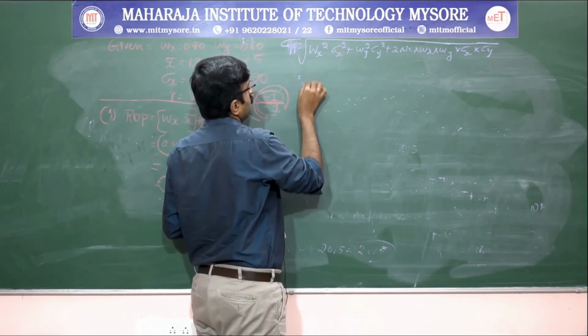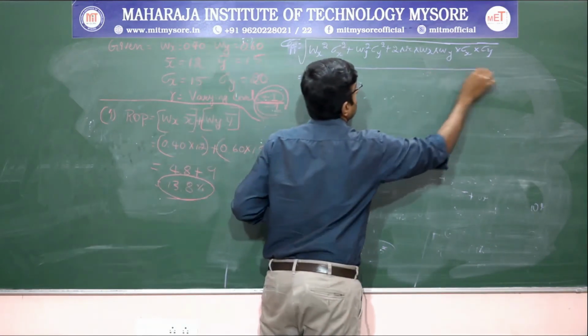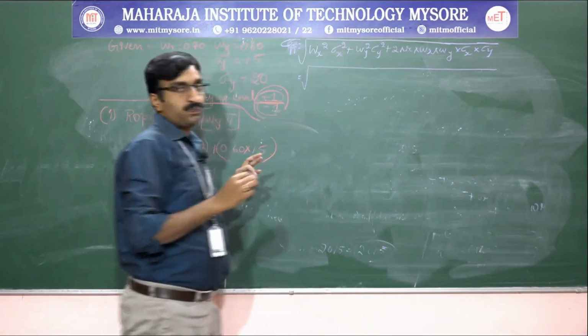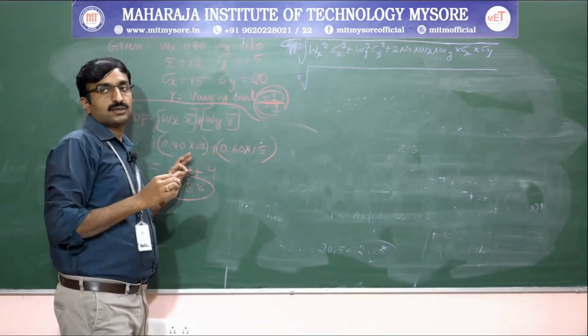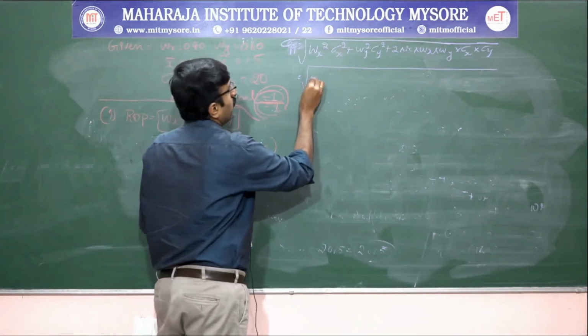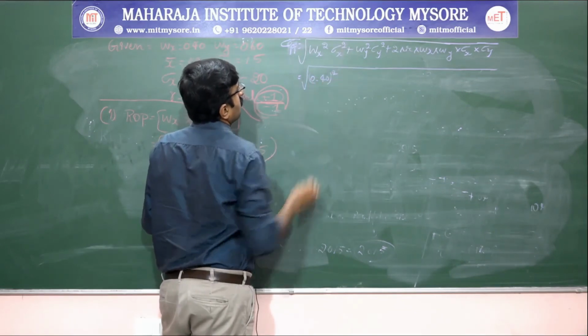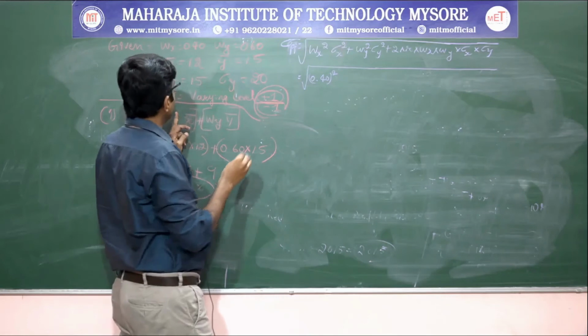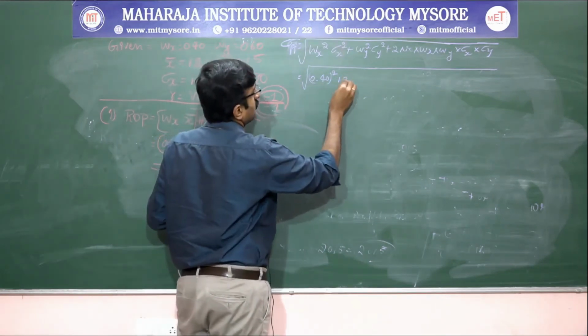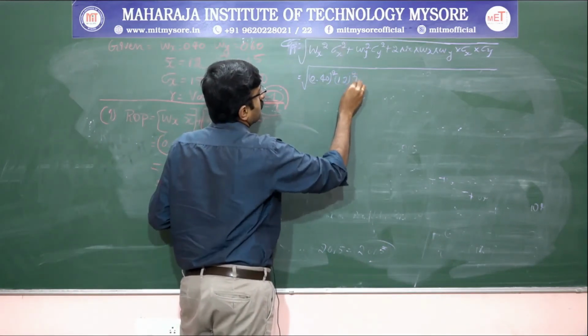So, take the values of those. Weight of x is 0.40 square, standard deviation of x is 12 square.